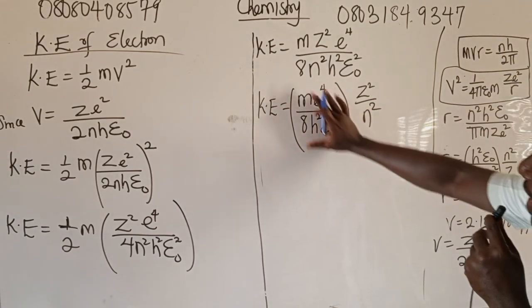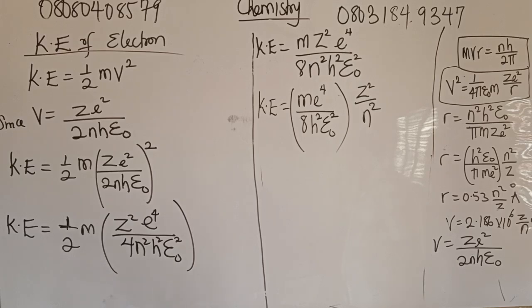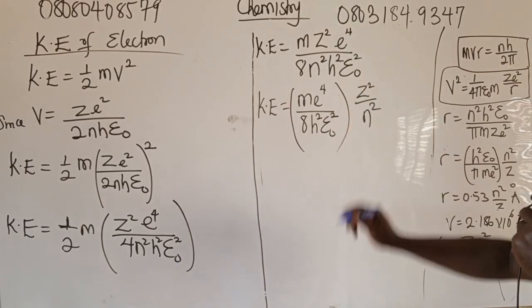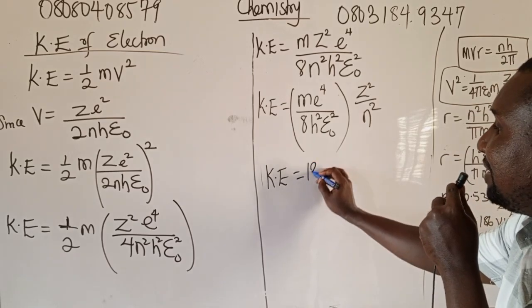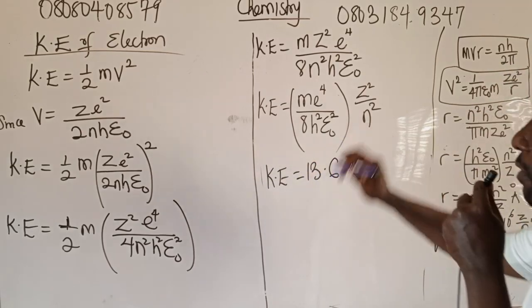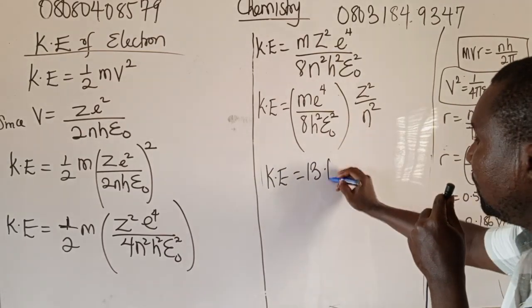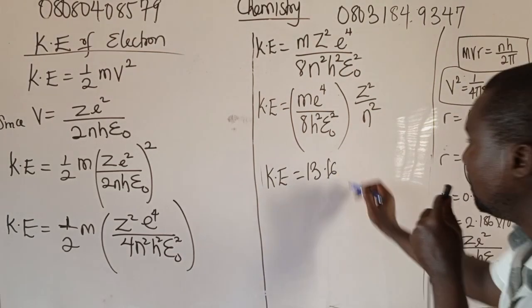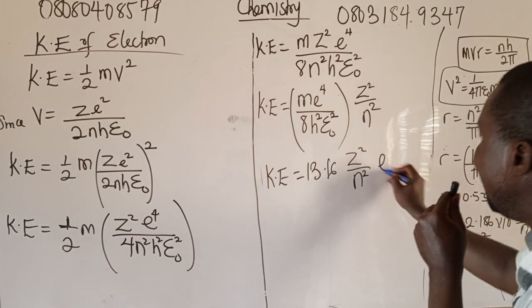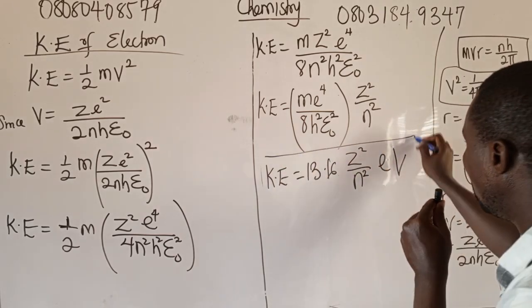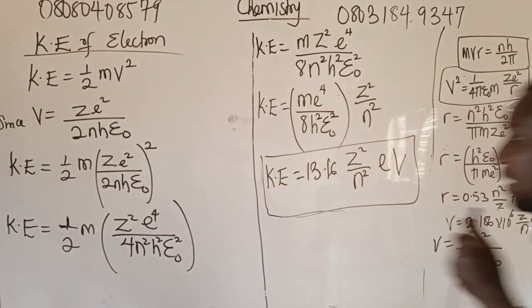Put all those values in, and we have kinetic energy equal to 13.16 Z squared over n squared electron volt. Take note, that is the formula for kinetic energy.